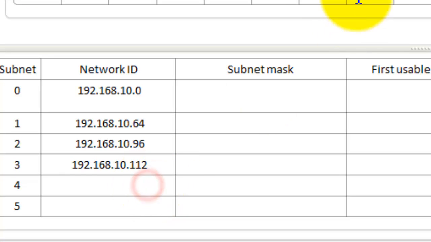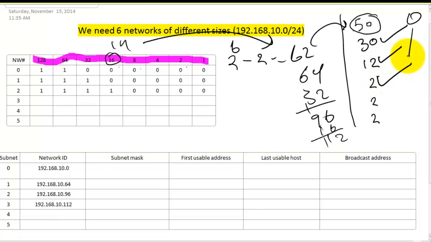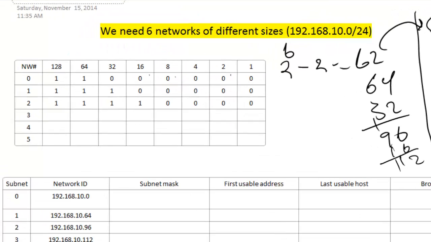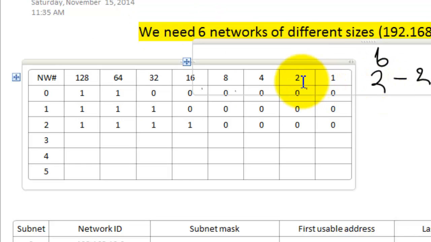After this one, now we're starting the point-to-point IP addresses, which need 2. So now, which one here is closer to 2? Exactly 2 is not going to work because you do 2 minus 2. So here, 4 minus 2 is 2.